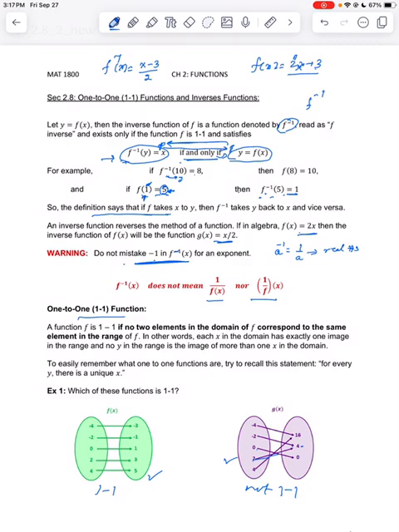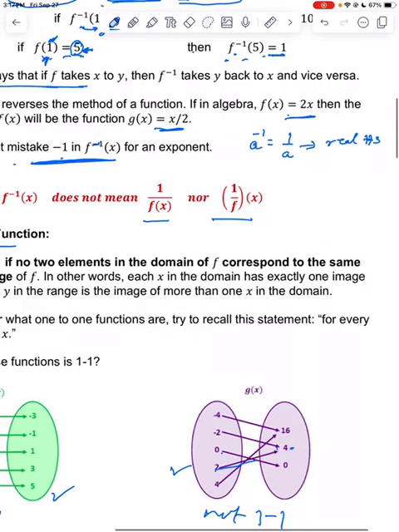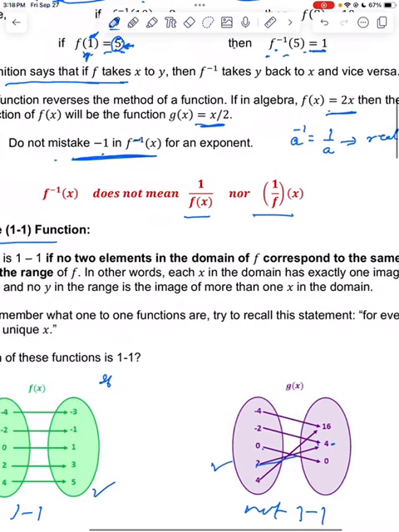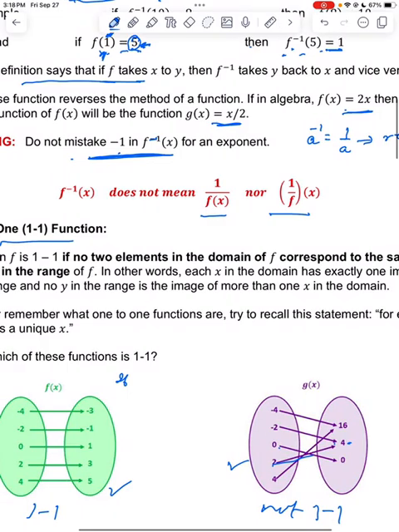So why is it not 1 to 1? Remember what we saw up there. For example, in this case, f of -2 is -1.